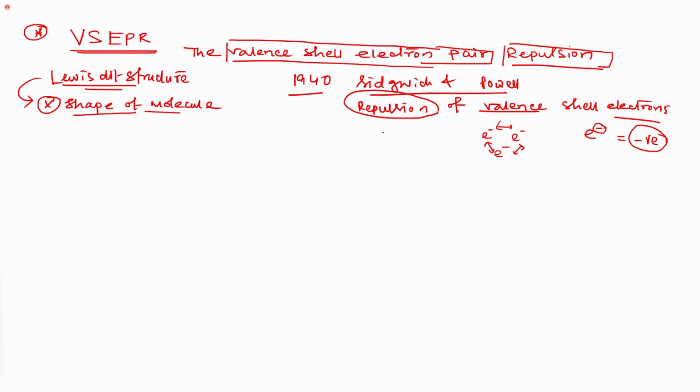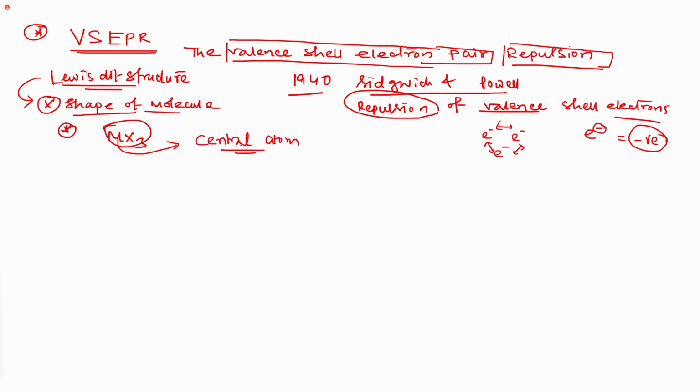Now there are some postulates of the VSEPR theory. The first postulate is that the shape of a molecule depends upon the number of valence shell electron pairs, bonded or non-bonded, around the central atom. For any molecule or complex, you first have to define the central atom.